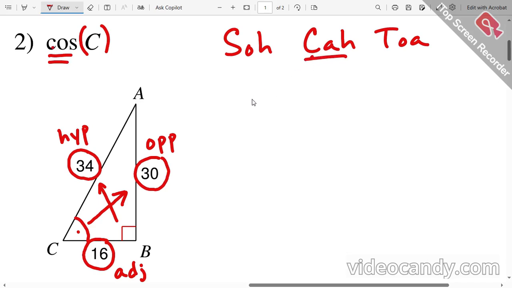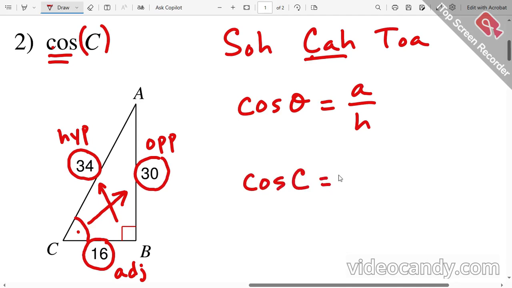In this formula, cosine of an angle theta equals adjacent divided by hypotenuse. In this case, we're doing the cosine of C. That equals adjacent, which is 16, divided by the hypotenuse, which is 34.